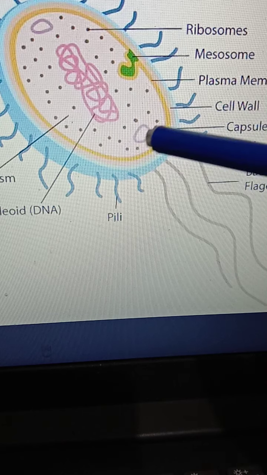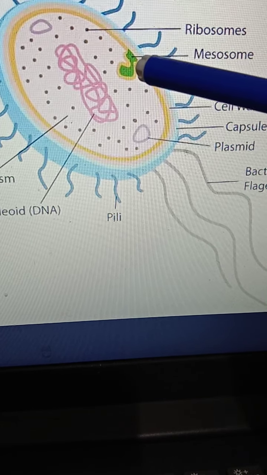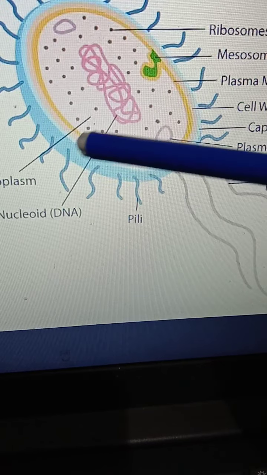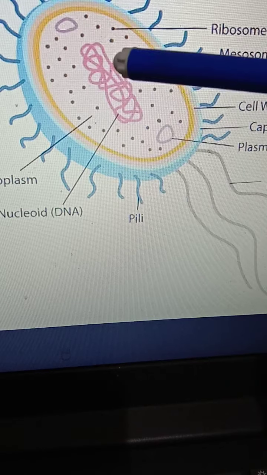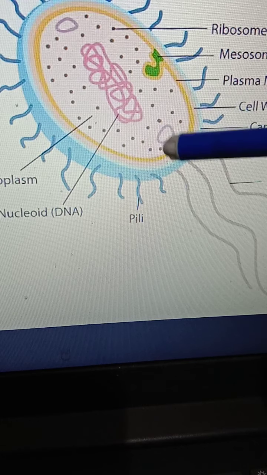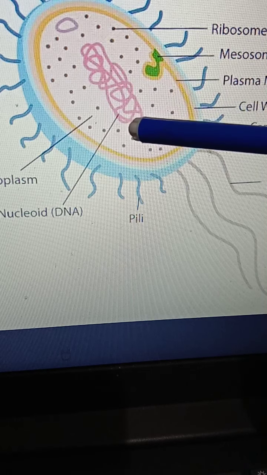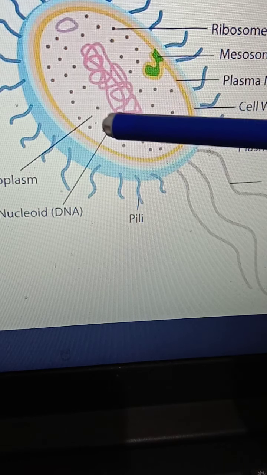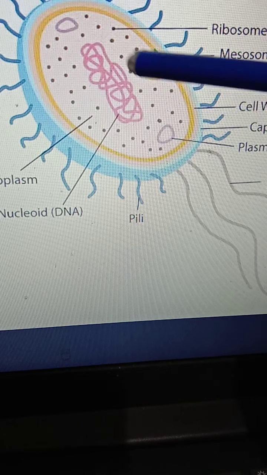Within the cell membrane it has the cytoplasm, which carries all the metabolites needed for metabolism. It also carries the DNA suspended nakedly, with no protein or membranes surrounding it.